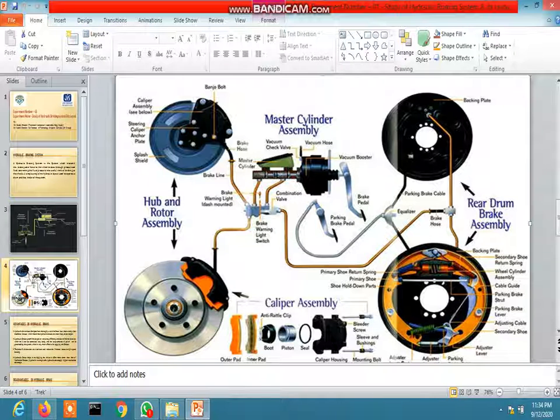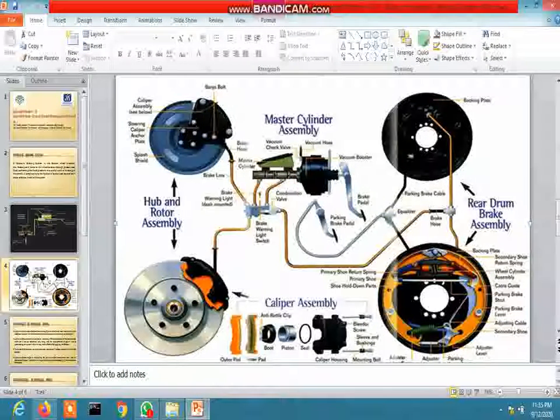When the fluid is forced into the wheel cylinder, it pushes the brake shoes out, so that the friction linings are pressed against the drum, which is attached to the wheel, causing the wheel to stop.